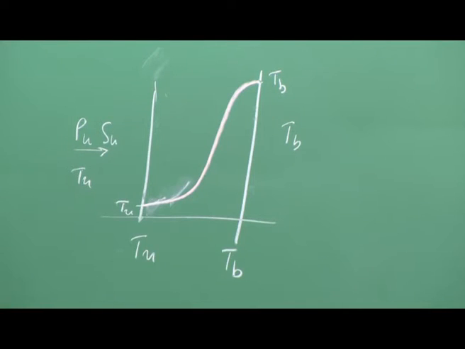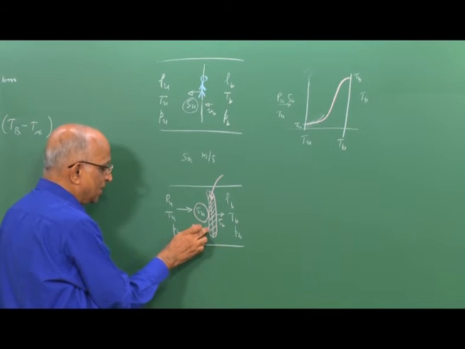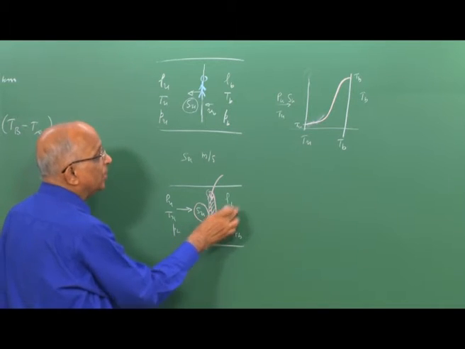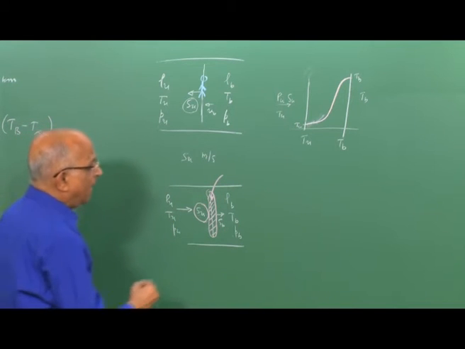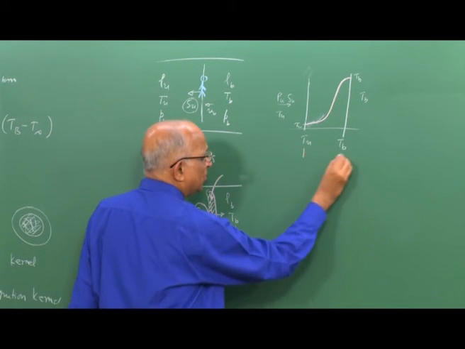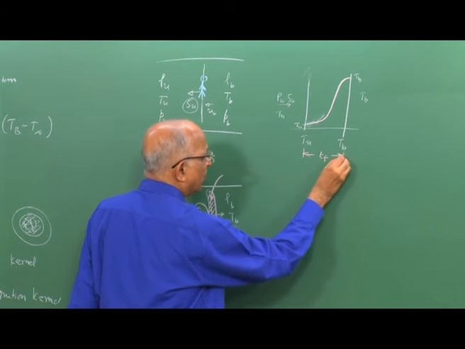This is the way the temperature should change from the unburned gas temperature Tu to the burnt gas temperature Tb. Well, this is a picture which seems logical, and this is going to be the thickness of the flame, or the thickness of the combustion front.